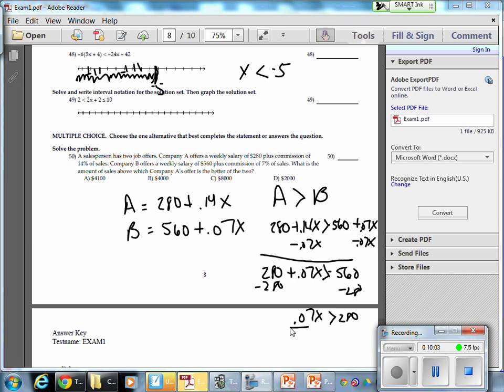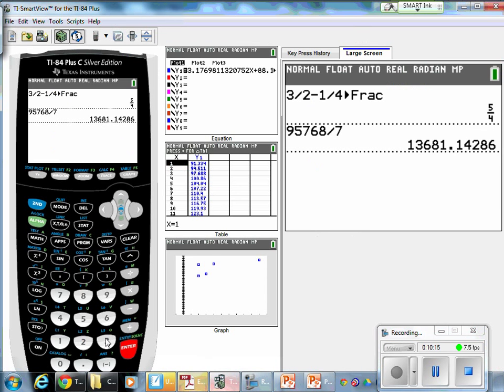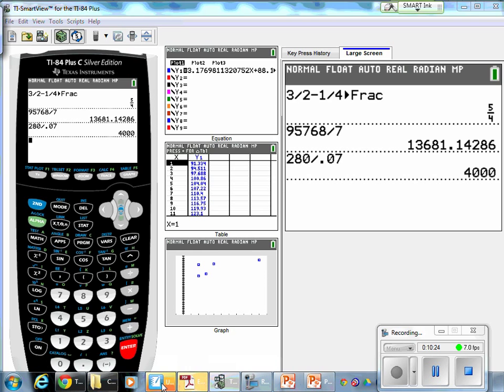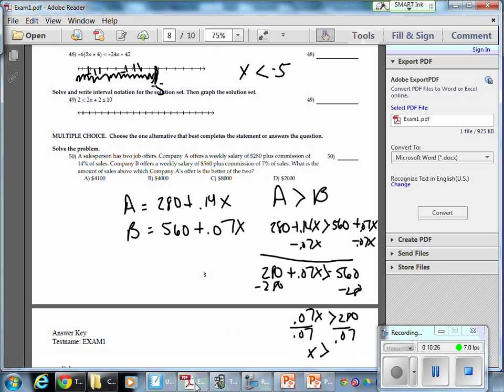Divide by 0.07, and you get x is greater than, let me do that math right quick, 280 divided by 0.07 is 4,000. So when x is greater than 4,000, plan A is better. So above what amount of sales is company A's offer the better of the two? The answer is B, 4,000.